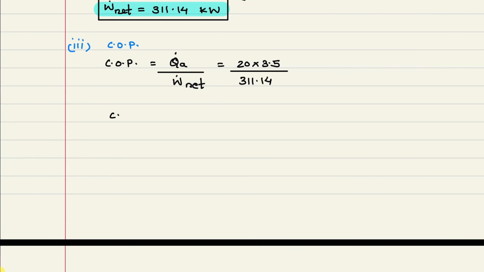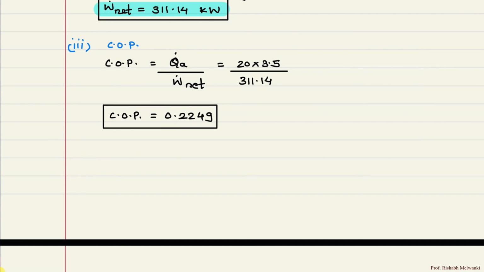So the final answer, COP of the system, is equal to 0.2249. With this, we have completed the numerical on the regenerative air cooling system.